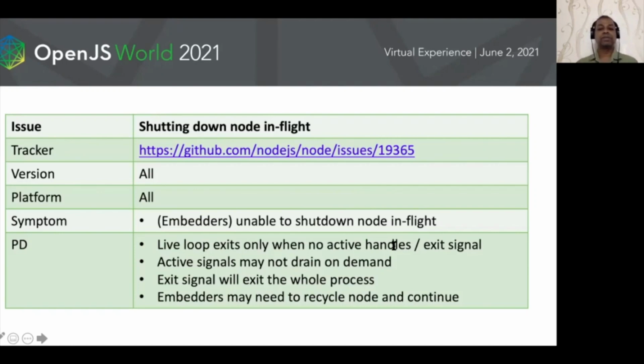So the problem is that the Node.js event loop is designed in such a manner that as long as there are active handles in the event loop, the loop is not going to exit. The only way to get out of the event loop is to send an exit signal, but that is going to terminate not only the event loop, but also the wider embedder process.